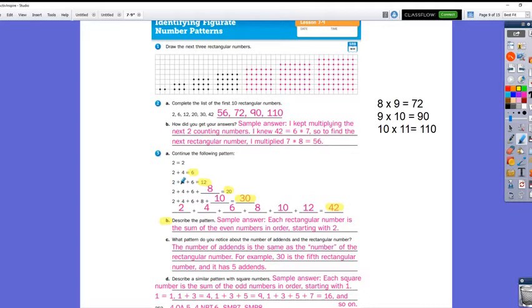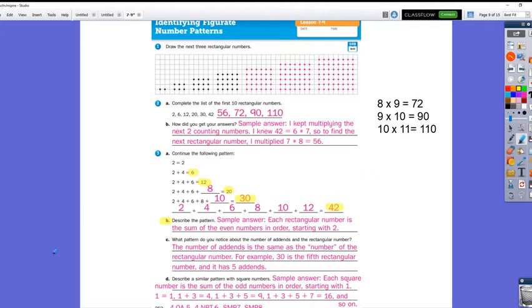And then 2, 4, 6, and 8 is the next even number, so we add that and we get the next rectangular number. For the next number, we have 2, 4, 6, 8, 10, and that gives us 30. And then we add 2, 4, 6, 8, 10, 12, and that gives us 42.